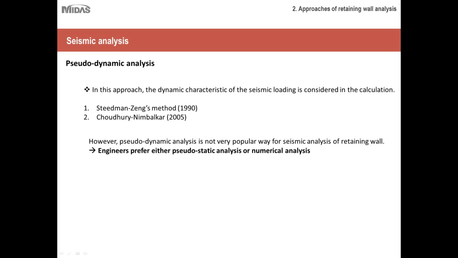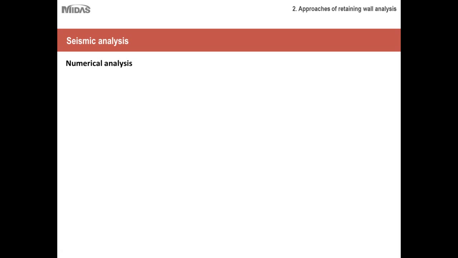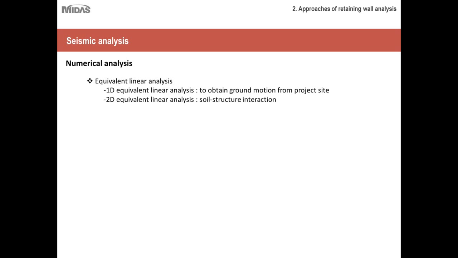So in a nutshell, engineers prefer either pseudostatic analysis or numerical analysis. So let's talk about numerical analysis and how it is applicable. Like I said, there are two main branches. First is equivalent linear analysis, and in equivalent linear analysis we have two divisions, 1D and 2D. Basically 1D equivalent linear analysis has no structural member in it, and I'm sure many of you must have already applied this method for seismic zones.